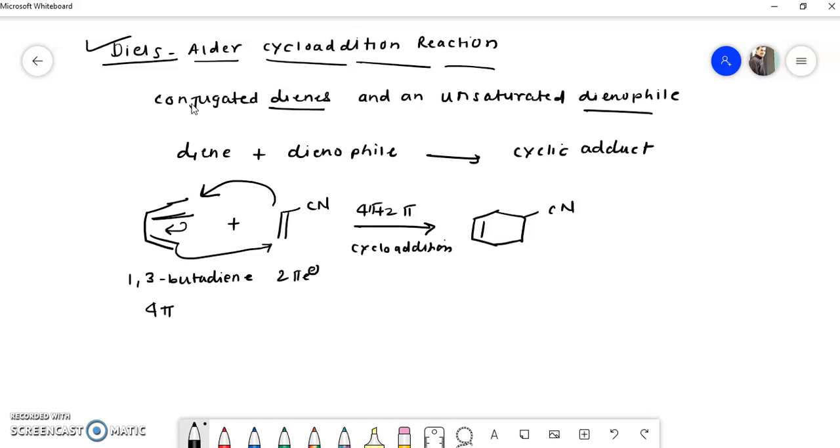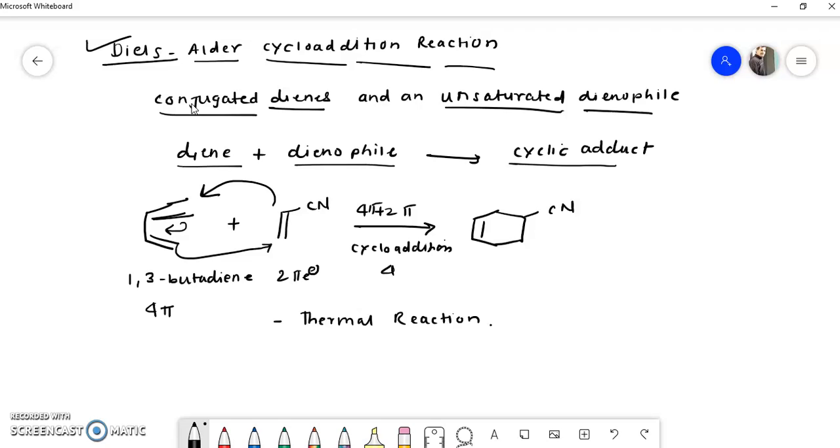Another thing you have to remember is that the reaction is a thermal reaction, so heating conditions are required. In general, the Diels-Alder cycloaddition reaction is the reaction between a conjugated diene and an unsaturated dienophile. Dienes are electron-rich species, dienophiles are electron-deficient species. They get added to form a cyclic adduct.